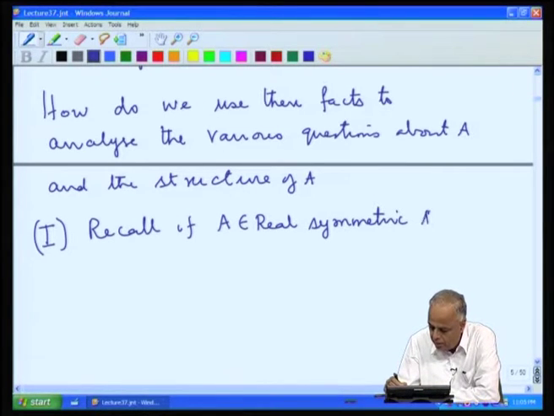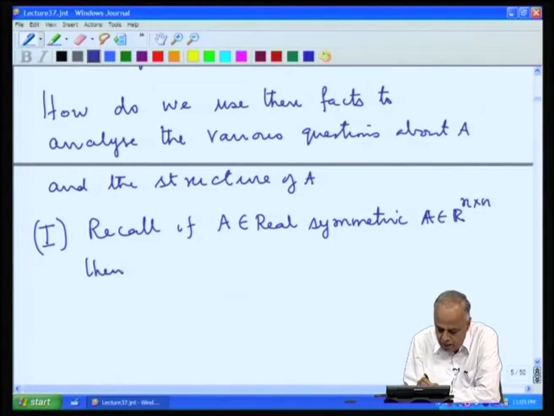So, A belongs to R^{n×n}. If A is a real symmetric matrix, then there exists a unitary matrix, in the case of real it will be orthogonal again.